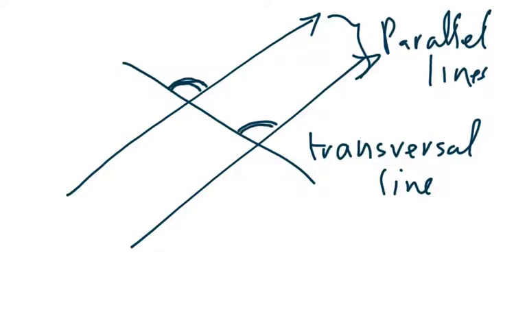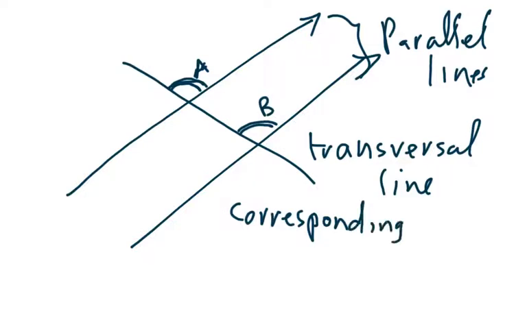And if, let's say, that was angle A and this was angle B, these are said to be corresponding angles. And corresponding angles are equal.